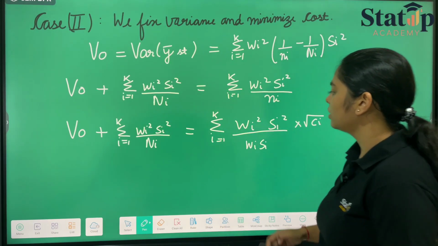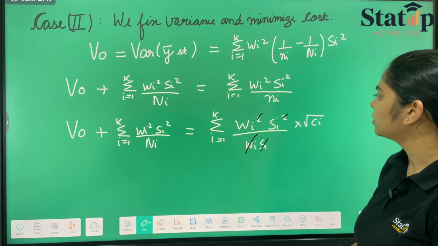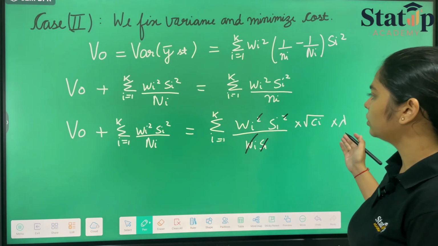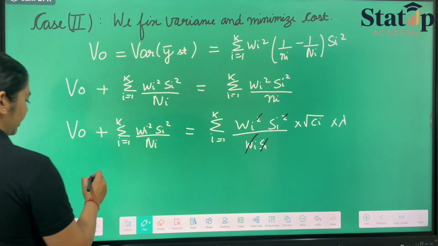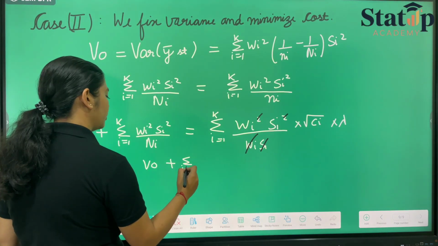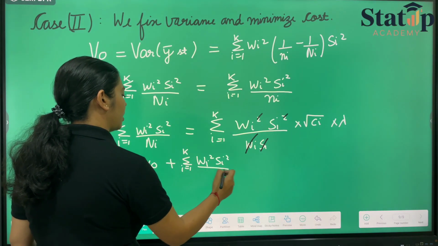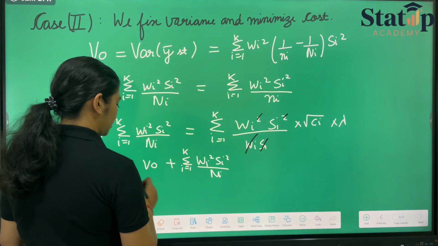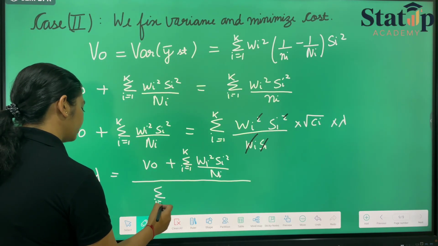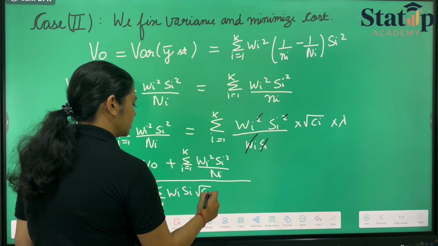Now here Wi Si and Wi Si square get cancelled, and there is also lambda. So the value of lambda comes out to be V naught plus summation i goes from 1 to k Wi square Si square upon capital Ni upon all of these values, summation i goes from 1 to k Wi under root Ci.